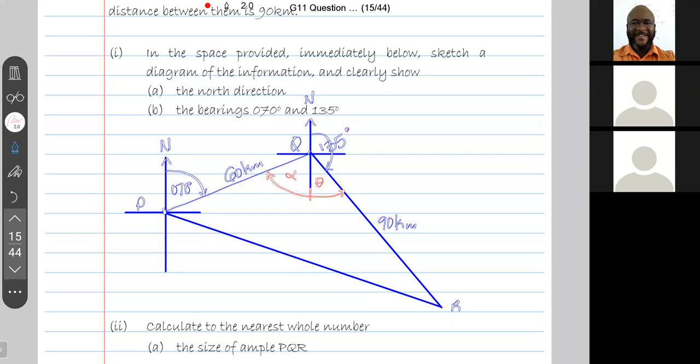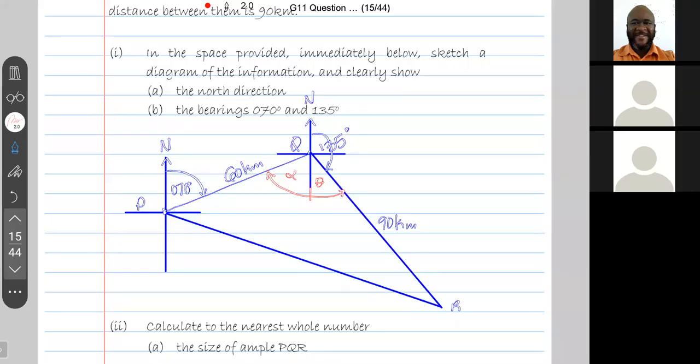All right, so we're asked to calculate the size of angle PQR. To get the angle, I have to first find alpha and find theta and then add them together.